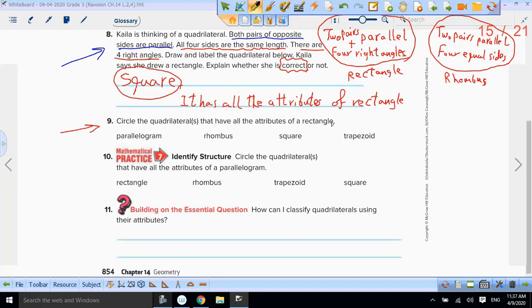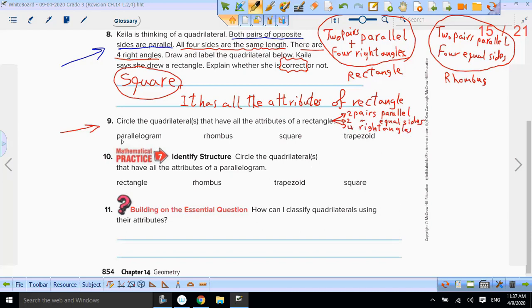Okay, what are the attributes of a rectangle? A rectangle has two pairs of parallel sides, has two pairs of equal sides, and has four right angles.